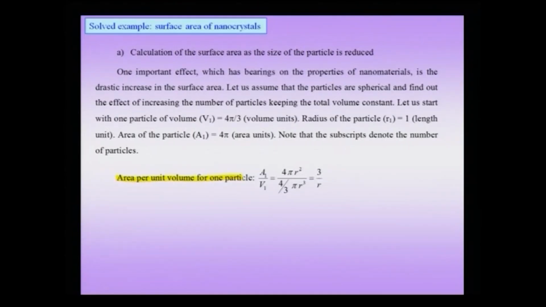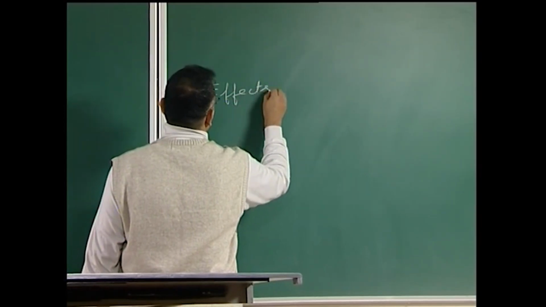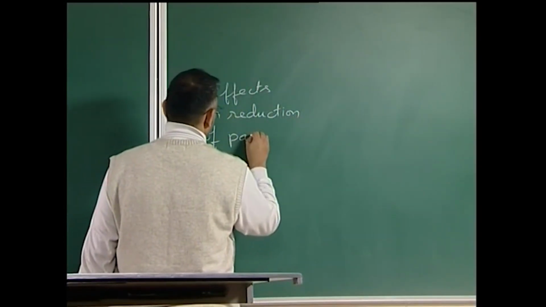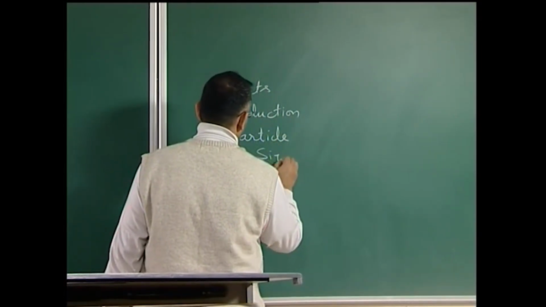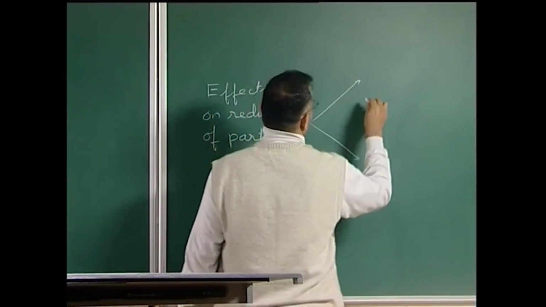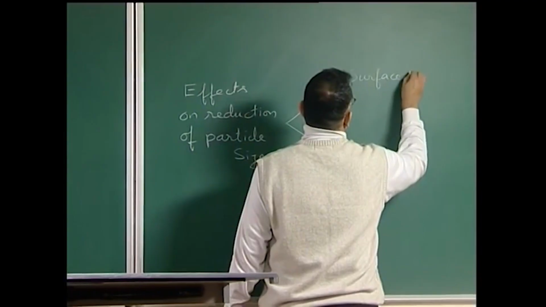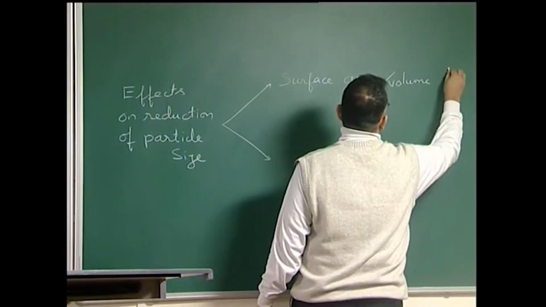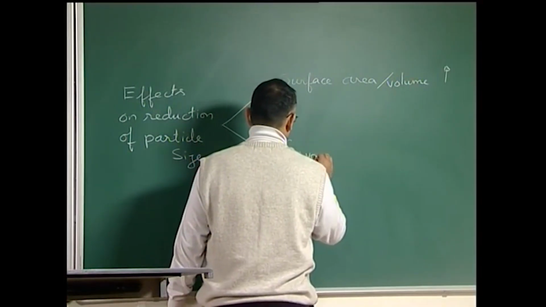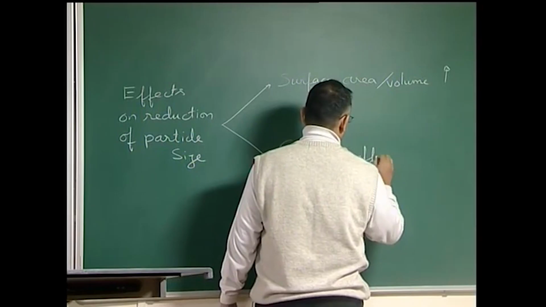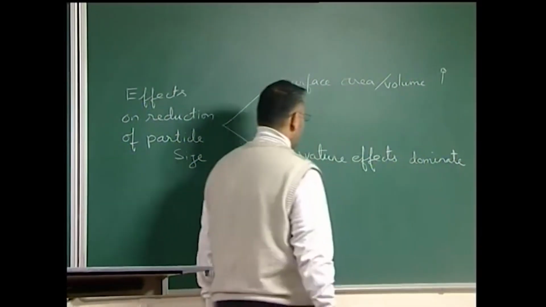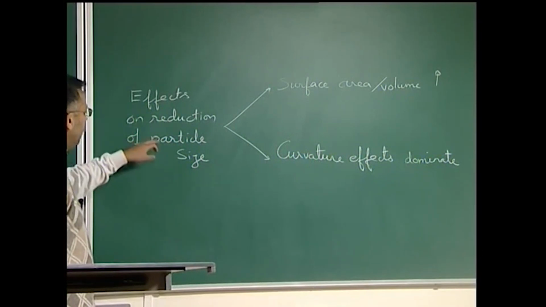At the outset, there are two effects which you expect when you go down to small scales. So, two important things we have to keep in mind when we are actually reducing the particle size.